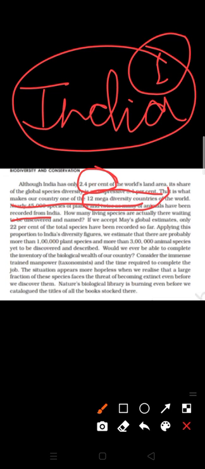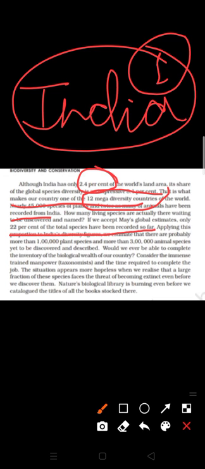If we accept May's global estimate, only 22% of the total species have been recorded so far. If you apply this formula, then you can understand how many species are present in India.